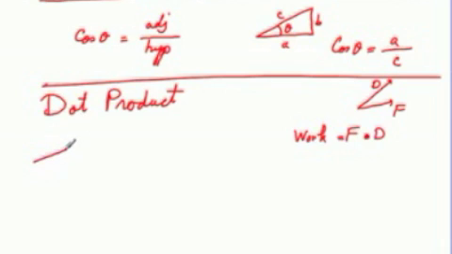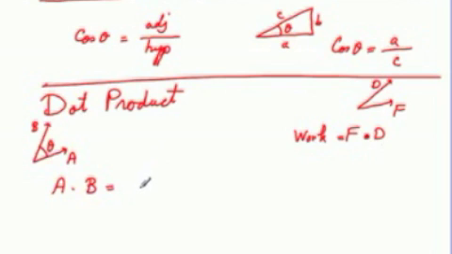Suppose I have some vector, let's call it A, and I have some other vector B, and the angle between the two of them is theta. What do I mean by A dot B? Here is the official definition.